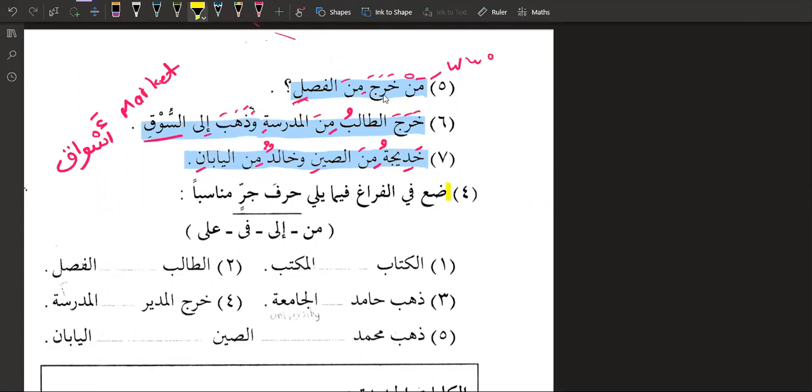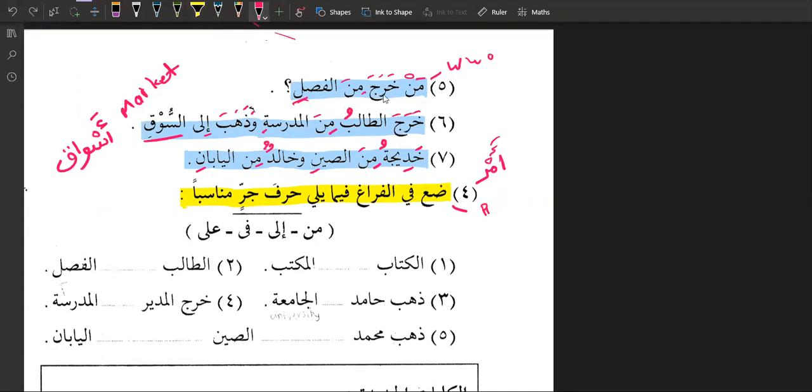التمرين الرابع: ضع في الفراغ فيما يلي حرف جر مناسبا. So he says ضع. ضع is also a command verb, an order, just like اقرأ, read, and اكتب. So ضع means put, not at.